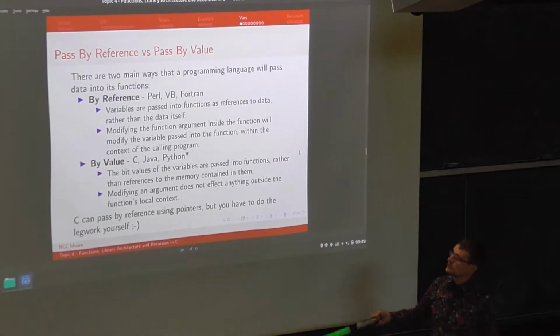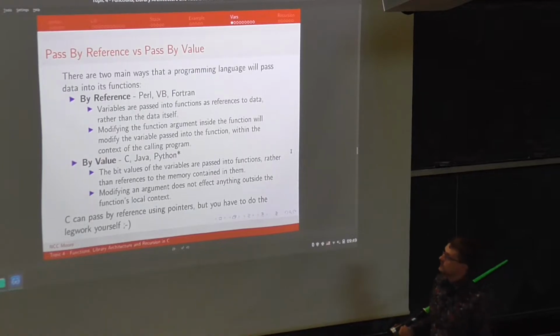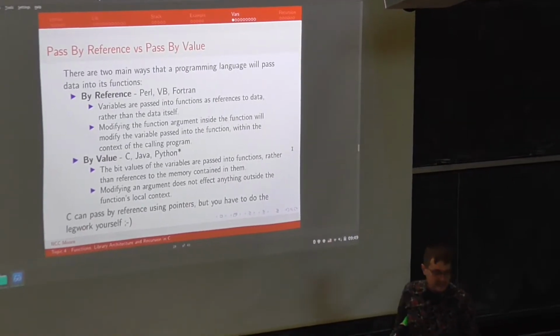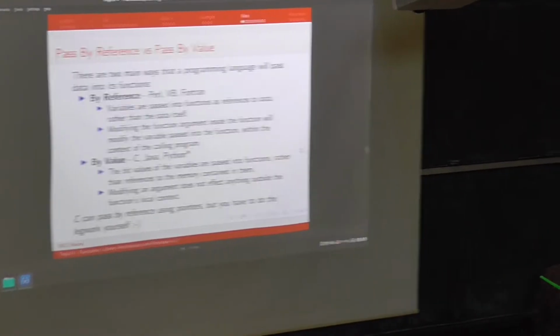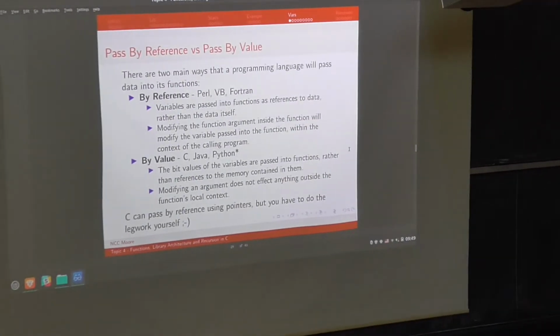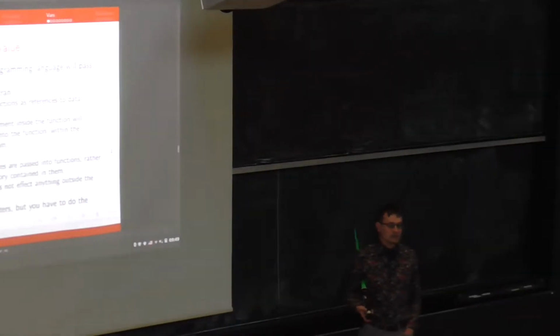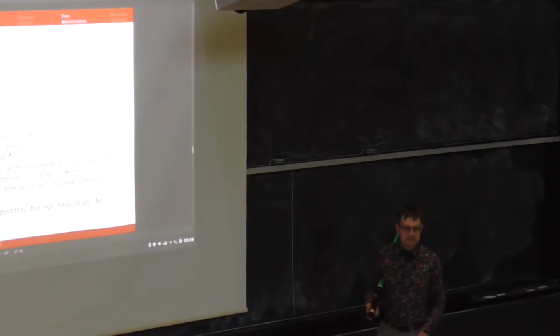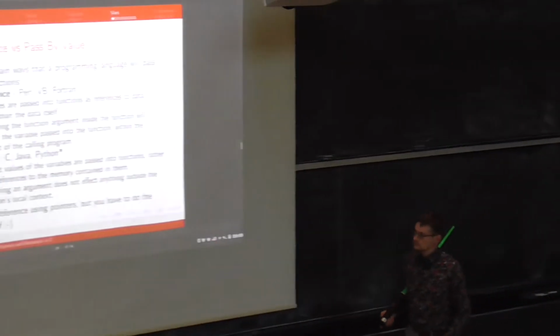Those are just some examples. Variables in pass by reference are passed into functions as references to data rather than the data itself. If I were describing this in about 4 weeks' time, I would say they are passing the pointer to the data, not the data itself.